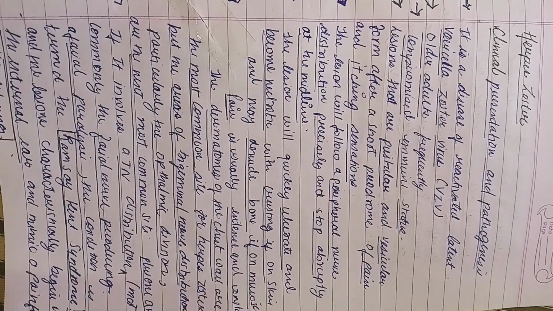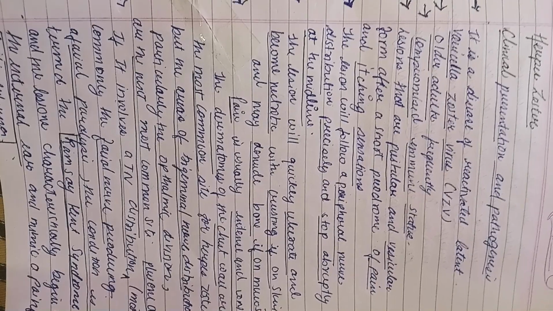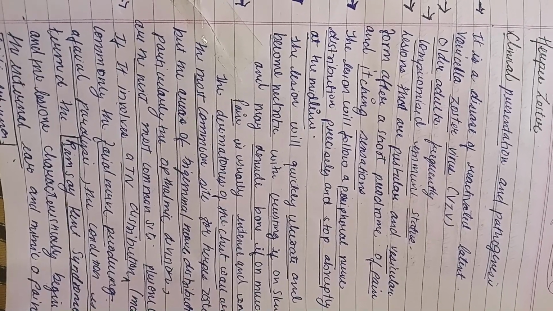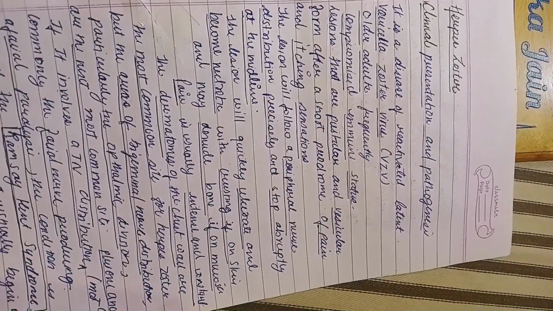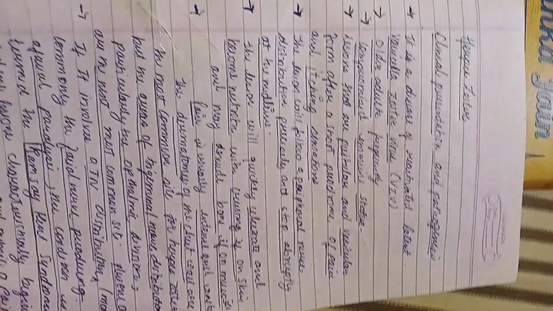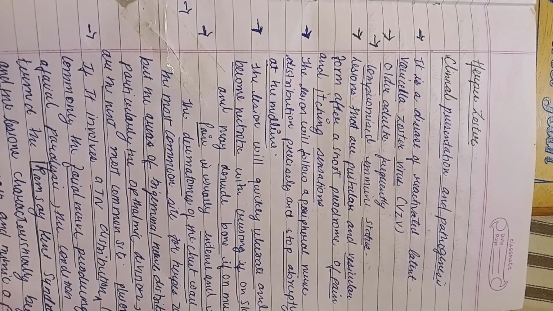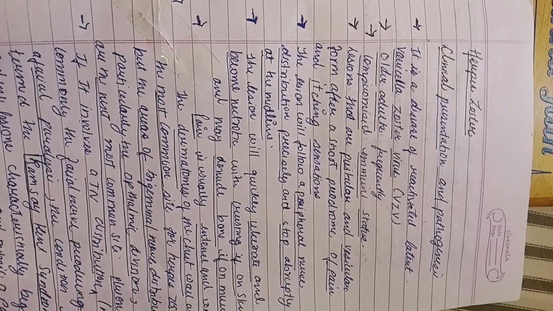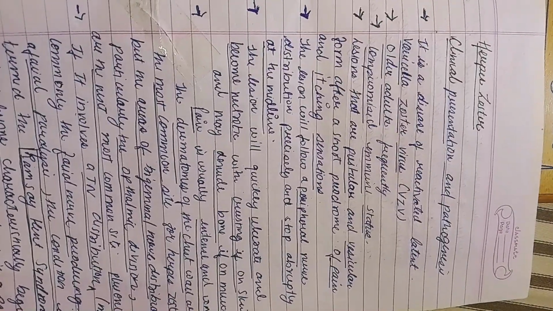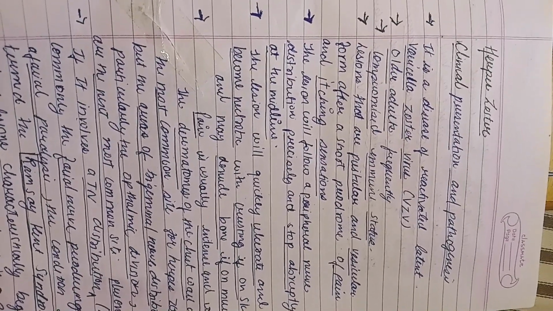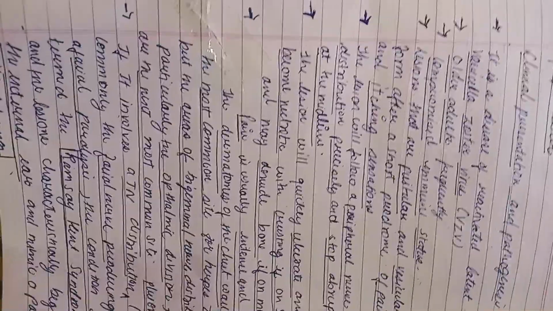The lesion will follow a peripheral nerve distribution precisely and stop abruptly at the midline. So see, this is seen in herpes zoster: any nerve will involve a peripheral nerve distribution and abruptly stop at the midline, as seen in the palate, where herpes zoster infection will be seen and will stop in the midline.